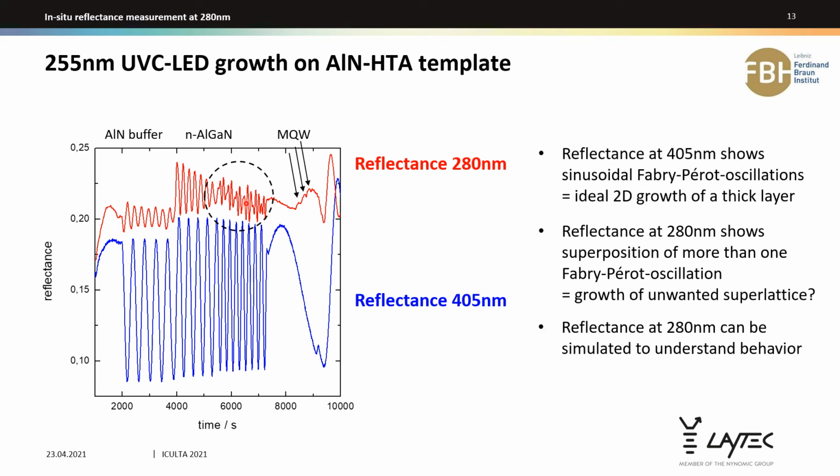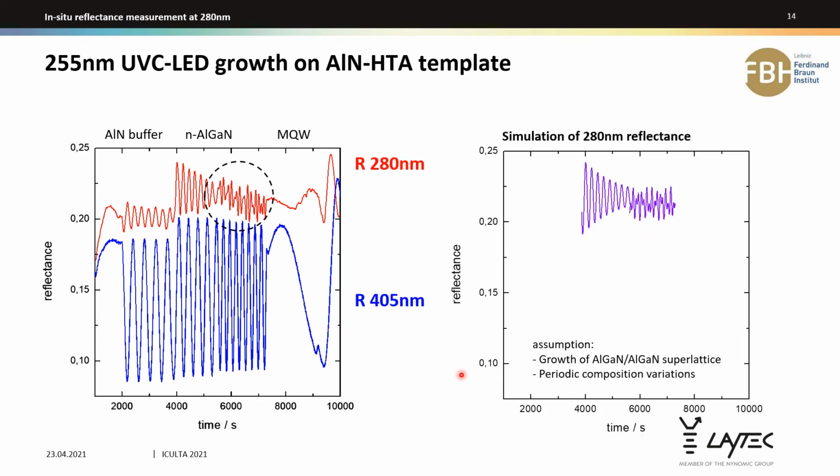That looks rather like a superposition of more than one Fabry-Pérot oscillation. So this could indicate that this is not a bulk layer, but something like an unwanted superlattice. In order to analyze and understand this, we can simulate the 280 nanometer data from the database and compare to the measurement. This is the result of a simulation with the assumption that the first part of the AlGaN layer is a single layer, a bulk layer that has been grown with a constant growth rate, and that the second part of the AlGaN layer is actually a superlattice of AlGaN and AlGaN with periodic composition variations or fluctuations.